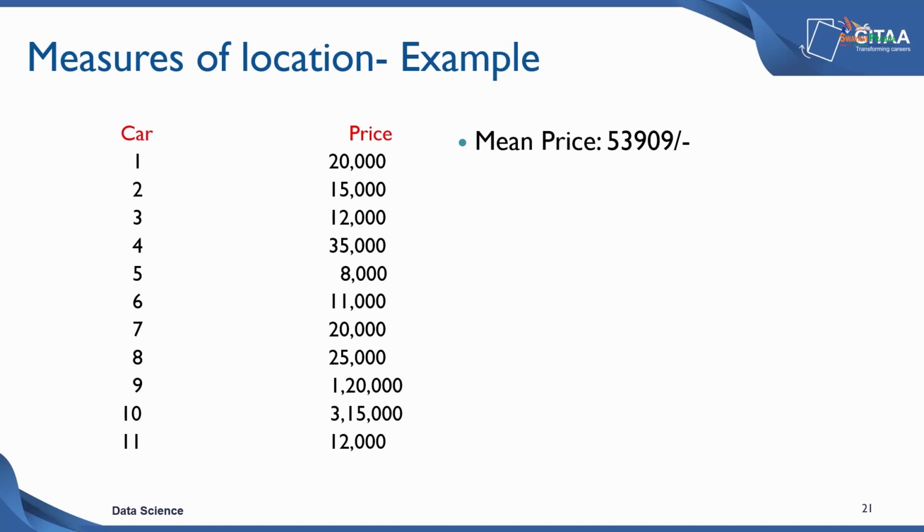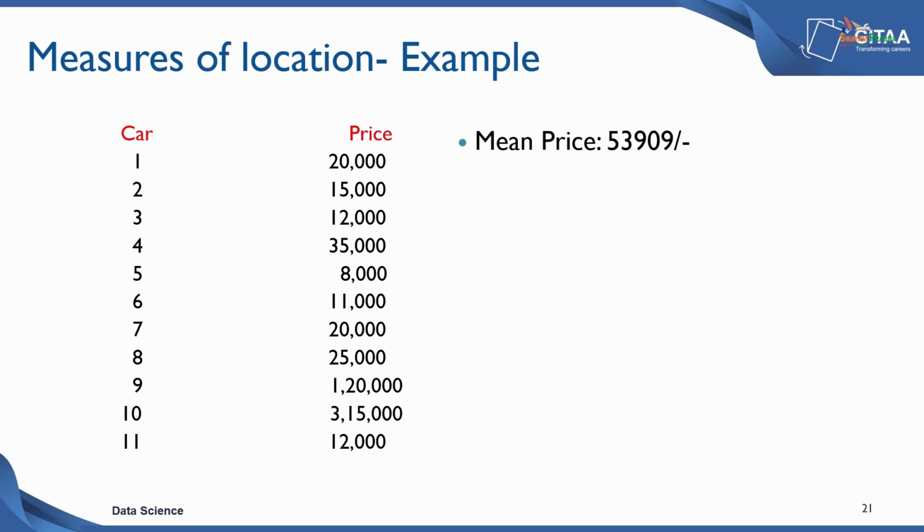So you say that the average price that a used car gets is $53,000. But if you look at this 53,900, there seems to be some issue with it, because it does not seem to represent most of the data pieces. It's not close to your 15,000, 8,000, 11,000. It's nowhere near your 20,000, and it's also very far away from your 315,000 and 120,000.